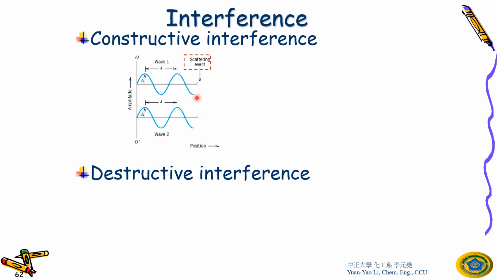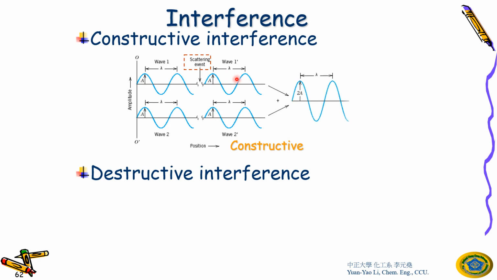For some reason there's a scattering event, which makes the wave change the amplitude or the frequency. But after that they come out the same. This is wave 1 and wave 2. If they behave the same, this is called constructive interference. With constructive interference, the amplitude will be higher, from A to 2A.